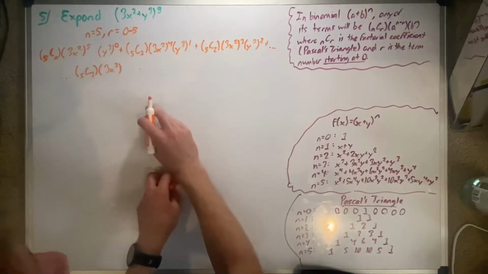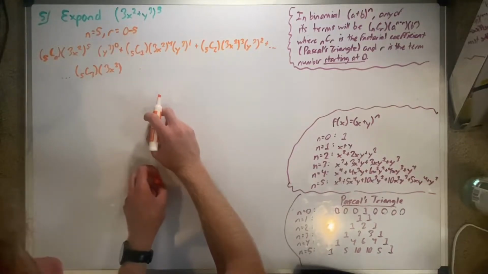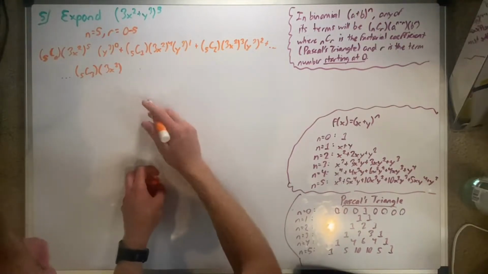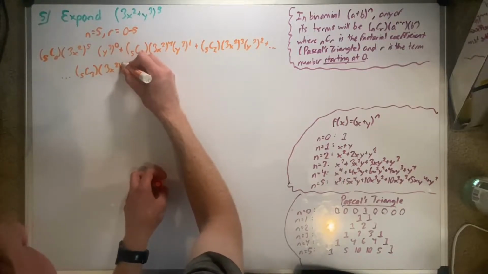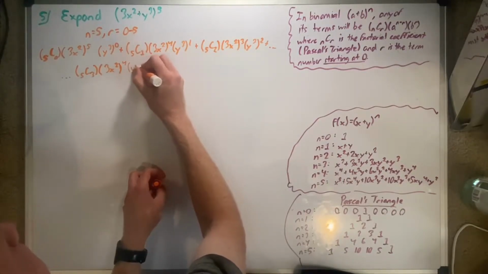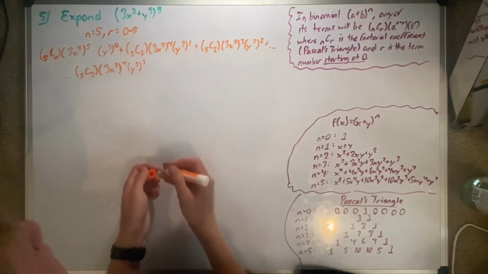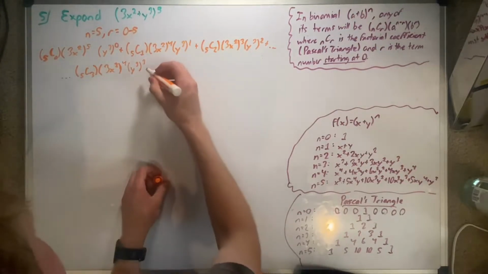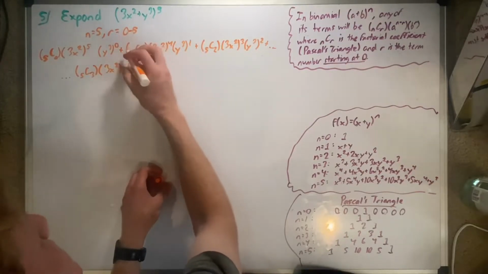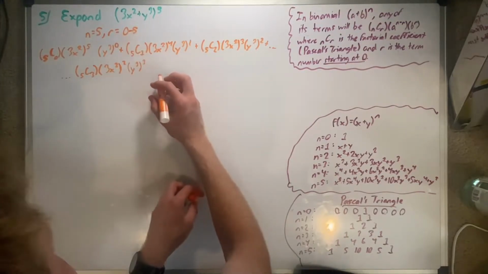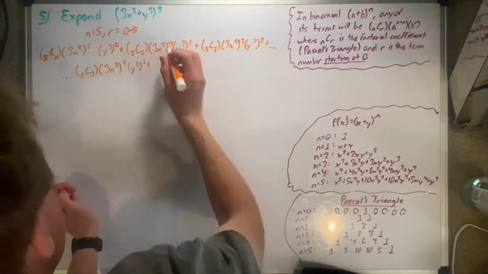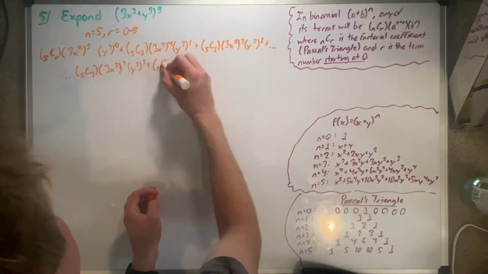And also, if you don't know how I got the n's and r's, please recap on number 4 as well. We will then go 3x squared, 4, y cubed, 3, right? Yeah. Oh no, this is supposed to continue decreasing. So that's 2, and then that's 3. There we go.